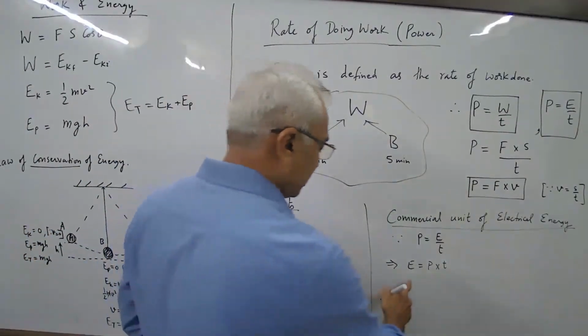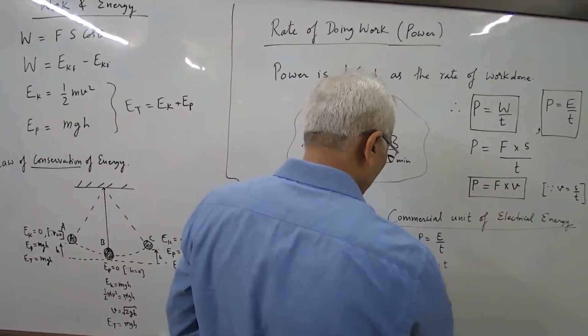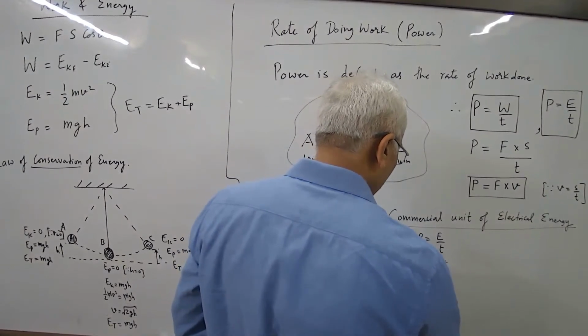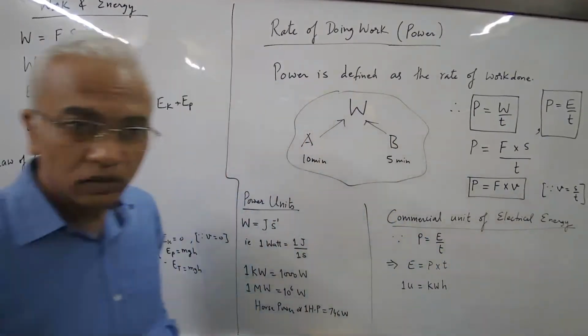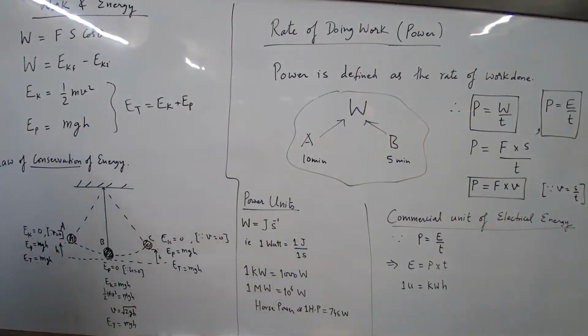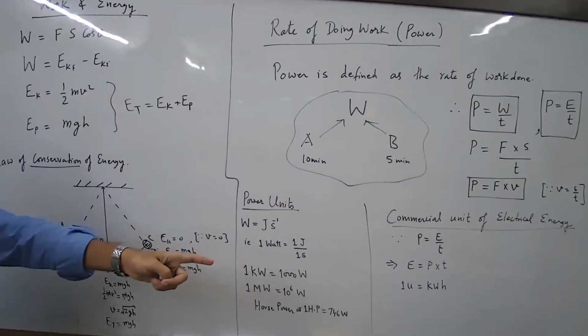So we define 1 unit of electrical energy when power is expressed in kilowatt and time is expressed in hour, kWh. So the electricity bill that you get at home, monthly billing happens on how many units you have consumed. So unit means kilowatt hour.